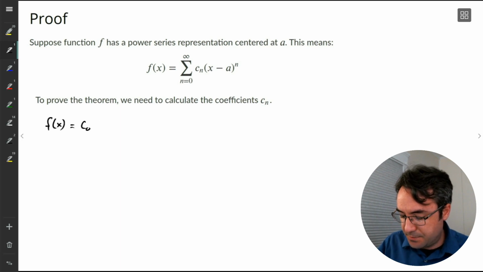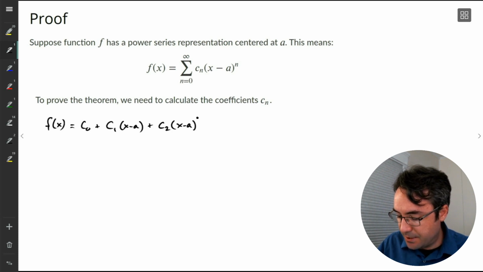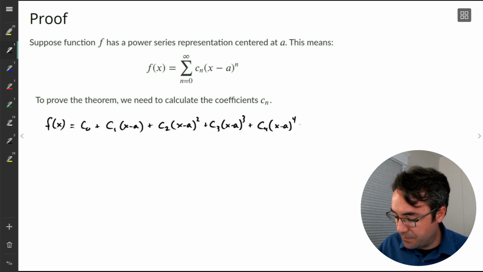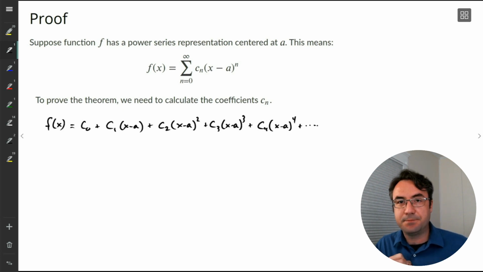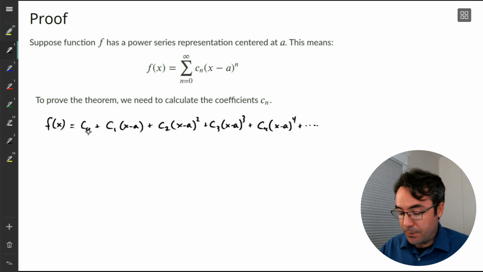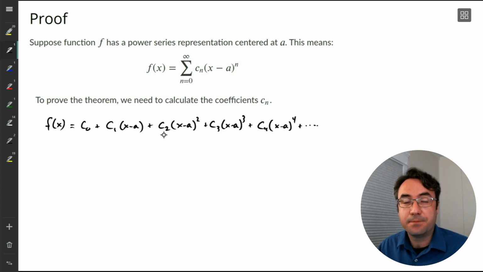So we'll have c sub 0 plus c sub 1 times x minus a plus c sub 2 times x minus a squared plus c sub 3 times x minus a cubed plus c sub 4 times x minus a to the 4th, and it keeps going like that. So we've just written out the first few terms for our power series expansion. And what we want to do is calculate what these coefficients are.